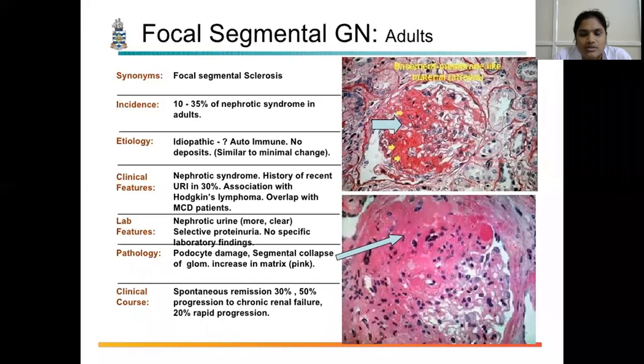The pathology is podocyte damage, segmental collapse of the glomerulus, and increase in the matrix. Here you can see the increased matrix, this pink one. About 30% may have spontaneous remission, 50% progress to chronic renal failure, and 20% have rapid progression.